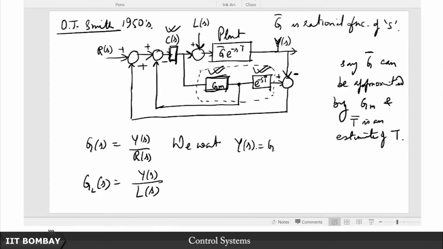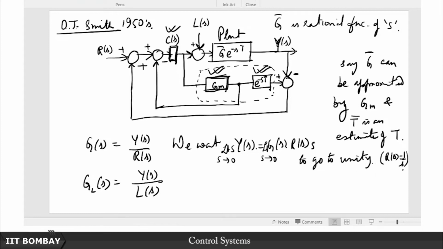So, we want Y(s) equal to G(s)R(s), okay. We want the limit as s tends to 0 to go to unity. Suppose R(s) is equal to 1 by s, okay, for a step input. Typically people are concerned with step inputs here.